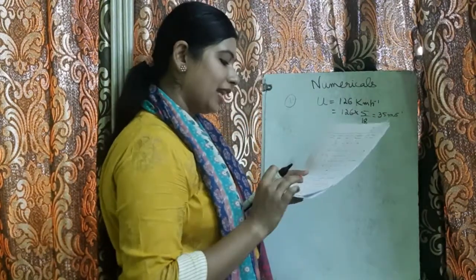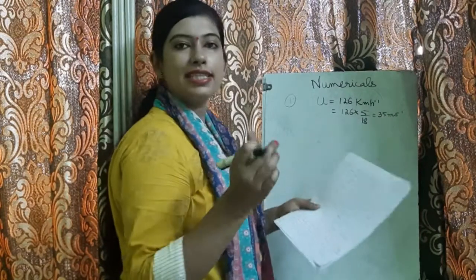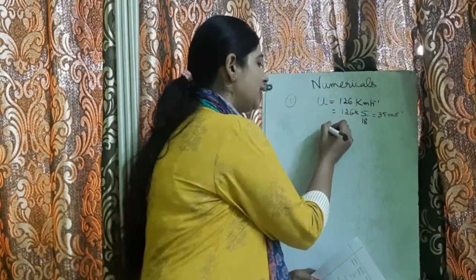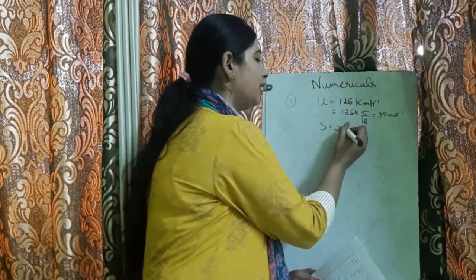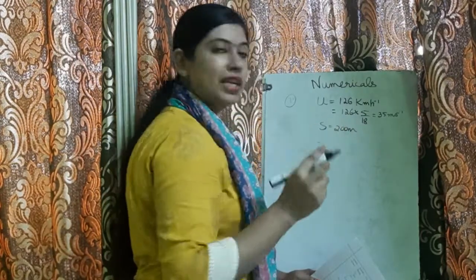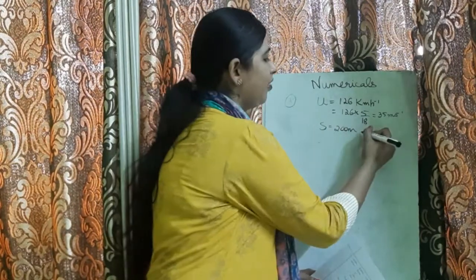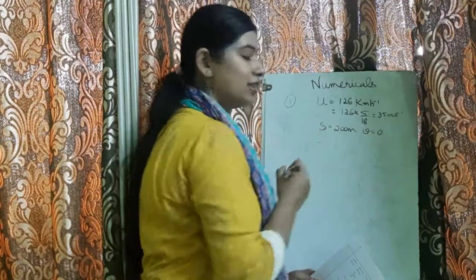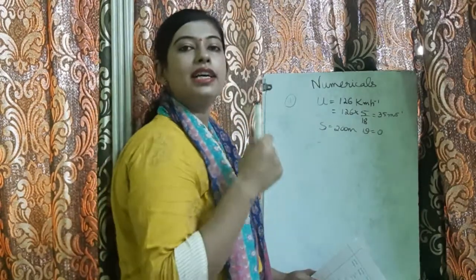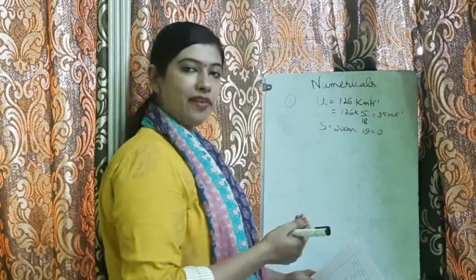Next, it is brought to stop within a distance of 200 meter. Means after a distance of 200 meter, the car stops. If the car stops, the final velocity will be 0. You have to find the retardation, that is the negative acceleration.